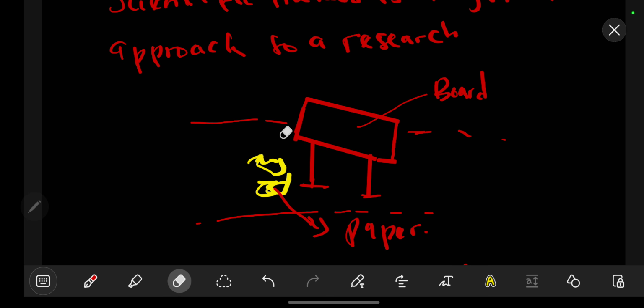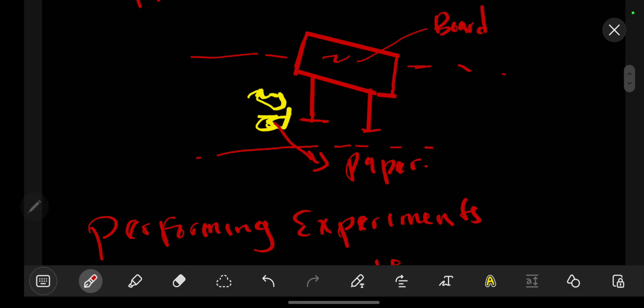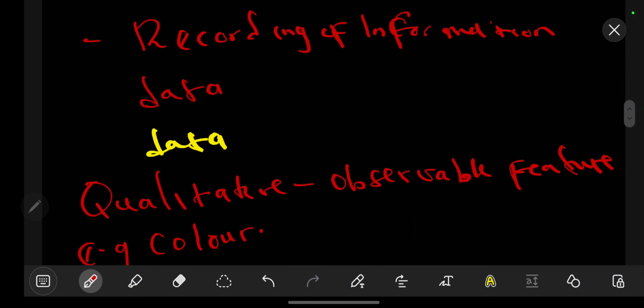So that is the quantitative aspect. So now the qualitative has to do with the color of the board. The color of the board might be changing to whatever marker you are using. If you are using a red marker here, the color of the board is slightly changing to the color red. So that is the qualitative aspect.